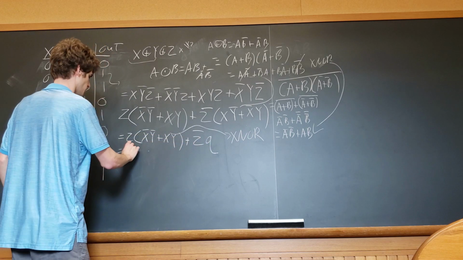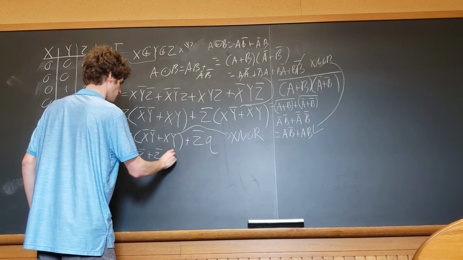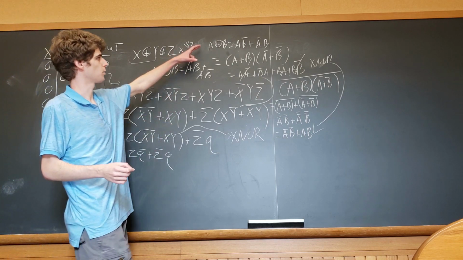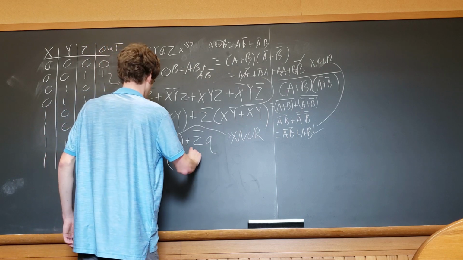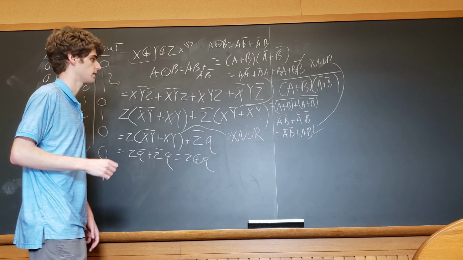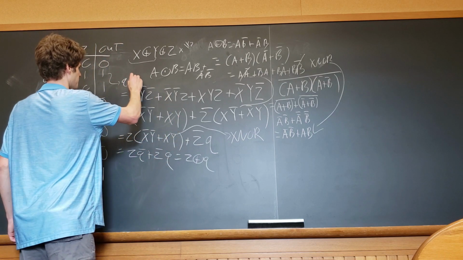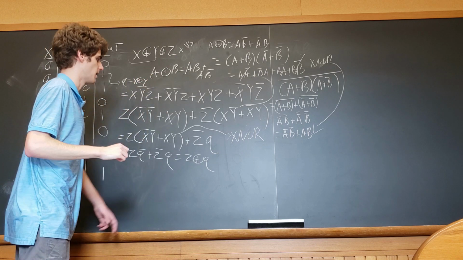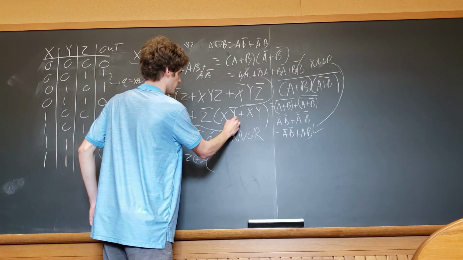Okay, so this just equals Z Q naught plus Z naught Q. And then what do you know, we have the same XOR pattern again, so this just equals Z XOR Q. And I said that Q was equal to X XOR Y. You can see it directly from the substitution, we just plug that in there.